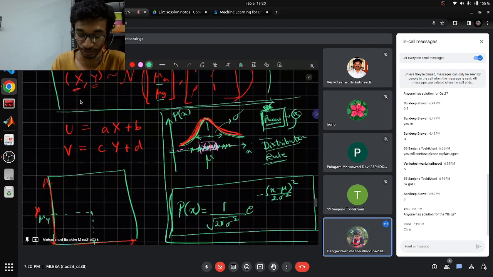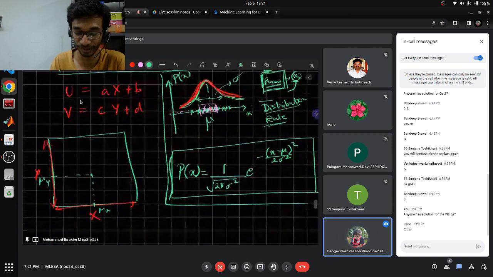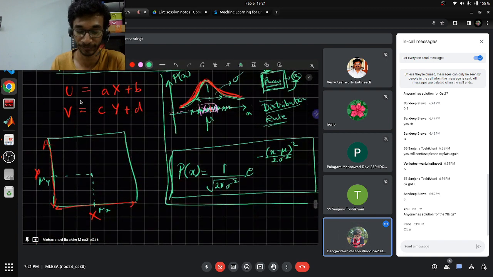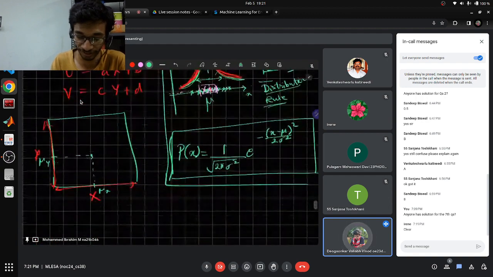So any samples that I'm going to get out of this process, just like here, now a single number is not going to come out of this. Two numbers are going to come out. One will be an x and one will be a y. So you keep on sampling multiple numbers from this distribution, you will end up with, let's say, something like this. I'm plotting in 2D.